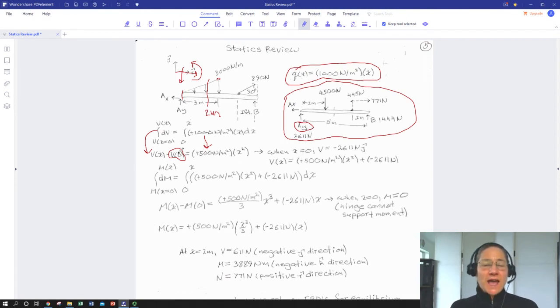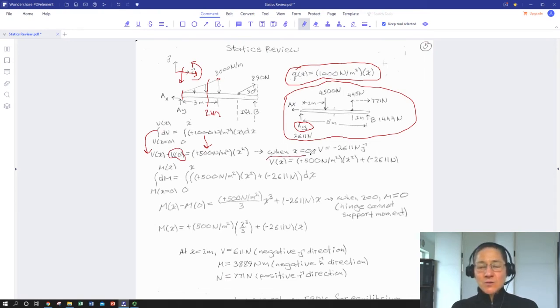So I can just add that as basically the y-intercept of my line, y equals mx plus b. Actually, we have a quadratic equation, so forget I said that. It's not a line. But anyway, I can add that to both sides. We add a negative 2611 to both sides.